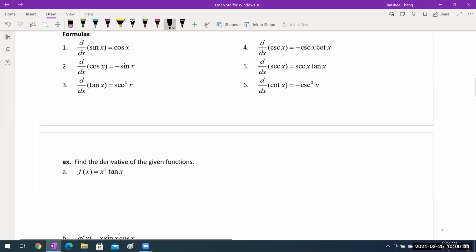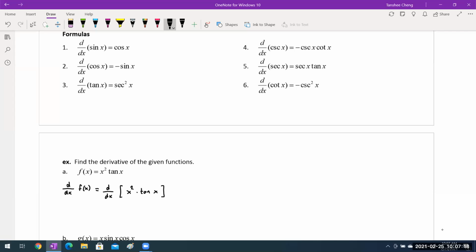So first example, we want to find the derivative of the function f of x is equal to x squared times tangent x. So what you need to see is, in this case, we need to use the product rule right here. So when we take the derivative with respect to x of the function, I'm going to write it down step by step one more time, and then we will do shortcuts more.